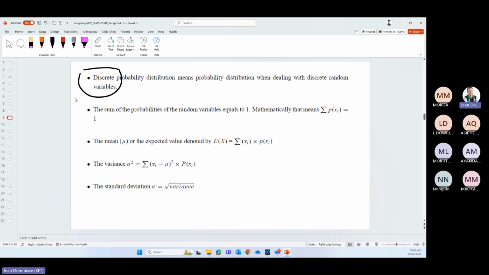And out of that discrete table, they might ask you a few questions on getting probabilities between certain discrete numbers, or they can ask you to work out the mean, and the mean we work out with a specific formula, and sometimes they might ask you to work out the variance.